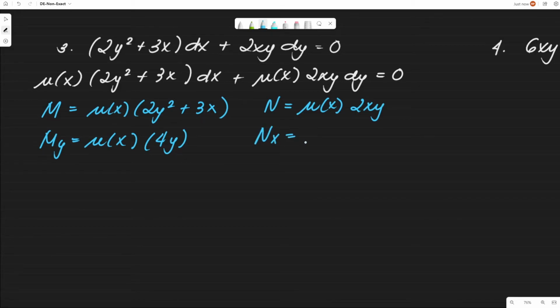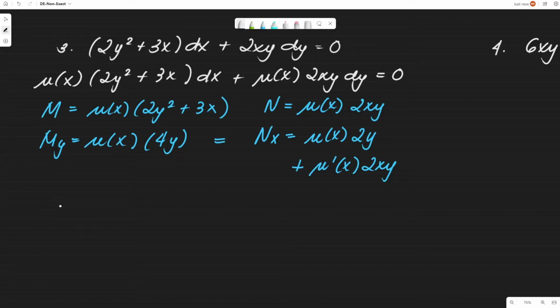So this is 2 mu of x times 2y. Kasi naka-x na tayo, remember? Plus mu prime of x 2xy. Okay? So yan yung ating dalawa. And they are said to be equal.